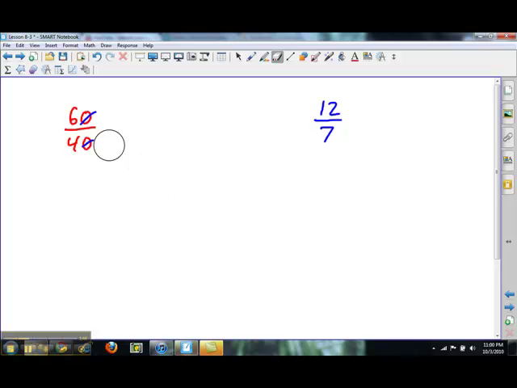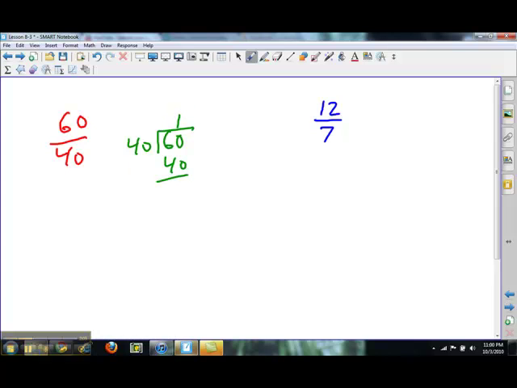Let me show it to you another way. Instead of canceling that out, we'll just leave it as 60 over 40. And then we'll write it here as a division problem. 60 divided by 40. 40 goes into 60 one time. 1 times 40 is 40. 60 minus 40 is 20. We're left with 20 over 40.